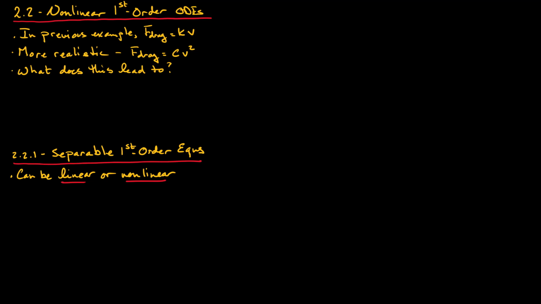Welcome back. In the previous example of the free-falling body, we assumed that the drag force was proportional to the instantaneous velocity v in the form of kv. However, for those of you who have already studied fluid mechanics, or for those who might study fluid mechanics later on in their studies, we'll see that the drag force is actually more accurately modeled as being proportional to the square of the velocity.